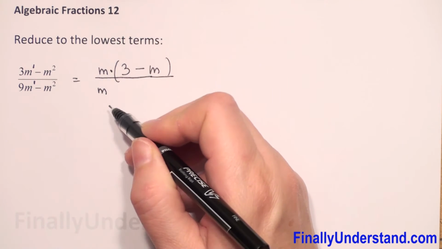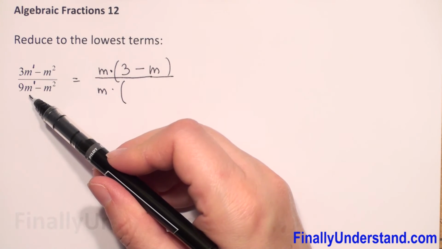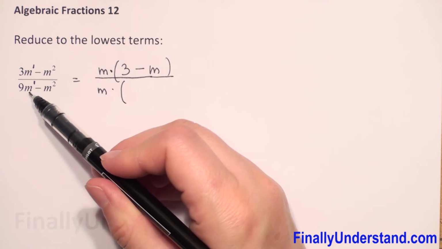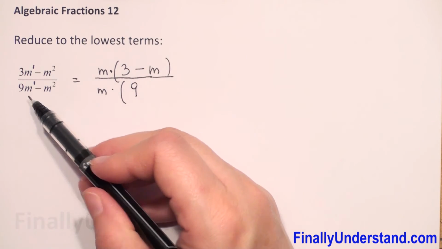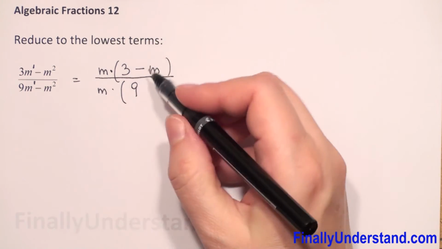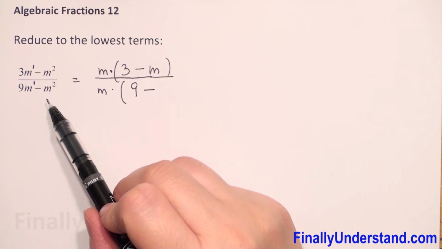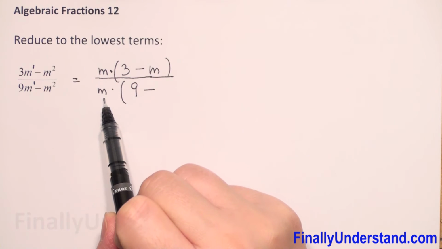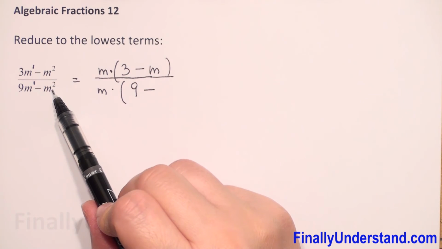We don't have to write this 1 times. And now, by what do I have to multiply m to get 9m? By 9. In other words, 9m divided by m is 9. And we have minus, and here we have m squared, and I have m only. By what expression do I have to multiply m to get m squared?